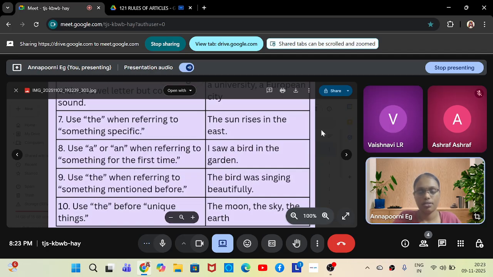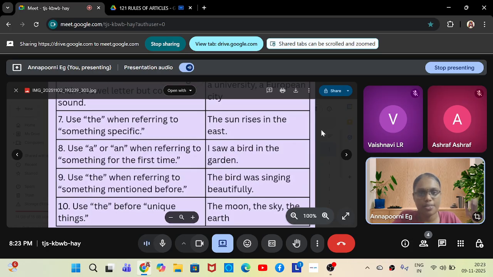Sun is singular, so for singular nouns the verb should also be singular. So the sun rises in the east. I'm talking about a specific star here, which is the sun. There is only one sun, and it is the biggest star in this galaxy, right?